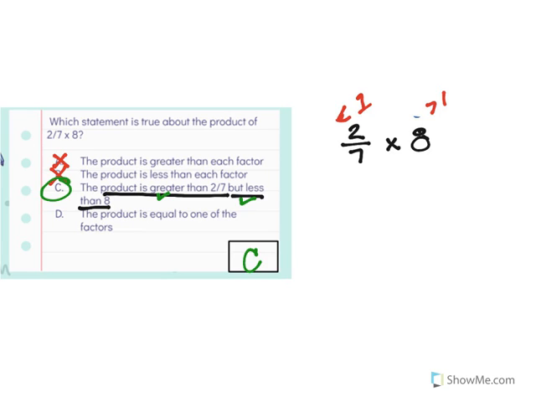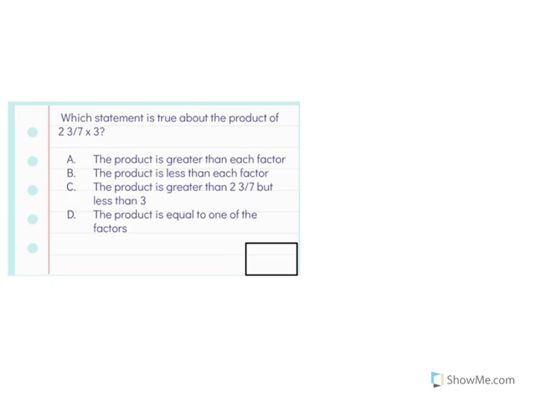Let's take a look at one more problem similar to this, because you'll have a question like this on the A-Net. This one says which statement is true about 2 3/7 times 3. All right, A says the product is greater than each factor. Okay, if it's going to be greater than each factor, then I know both scale factors would have to be greater than 1.